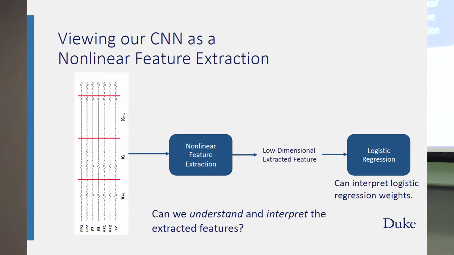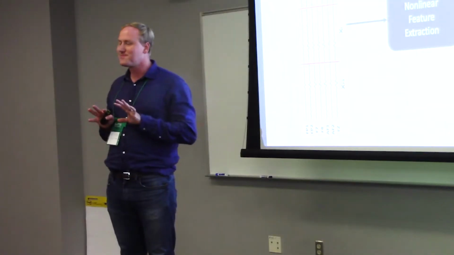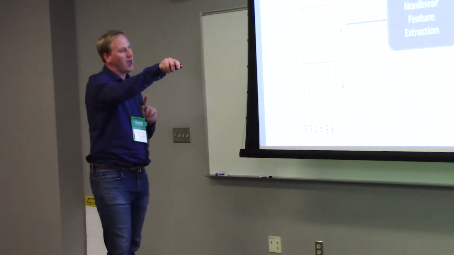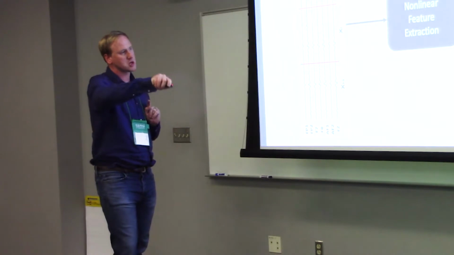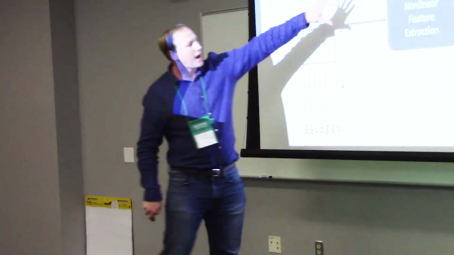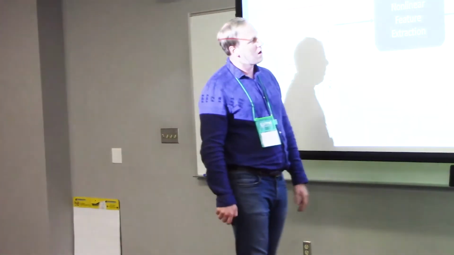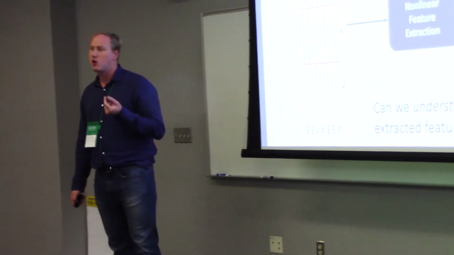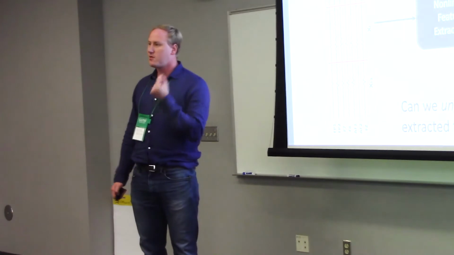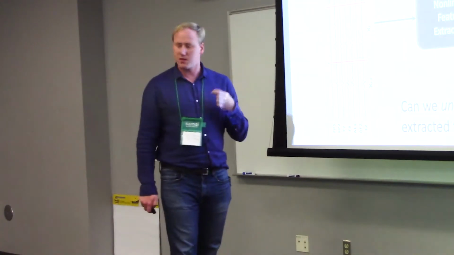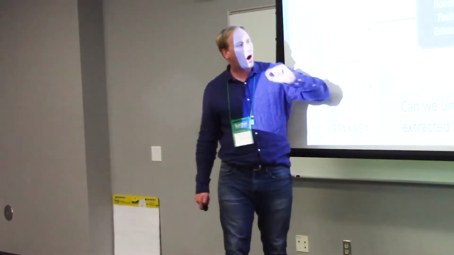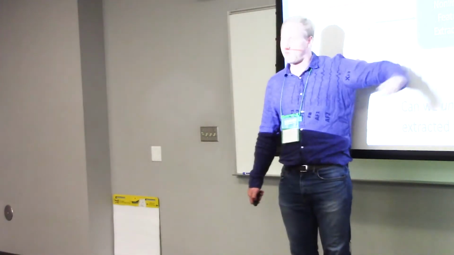So we can interpret our logistic regression weights, and I don't think that's controversial. What's interesting then is, can we interpret our nonlinear feature extraction here? Can we understand and interpret these extracted features? That's the big question. If we want to make this convolutional neural network that we can understand and interpret, all we really have to do is understand this step.